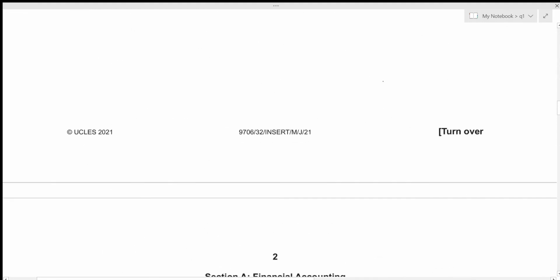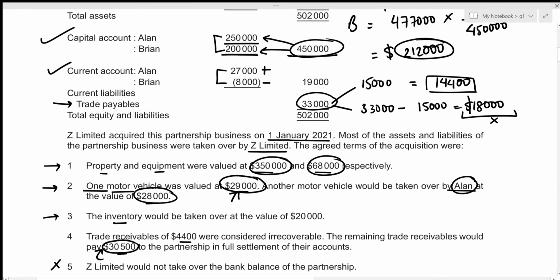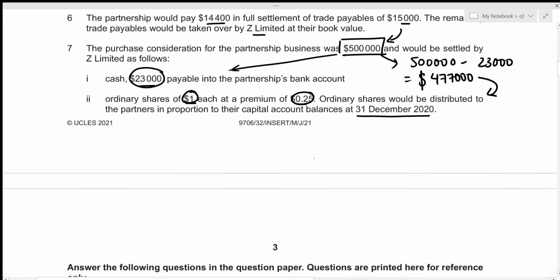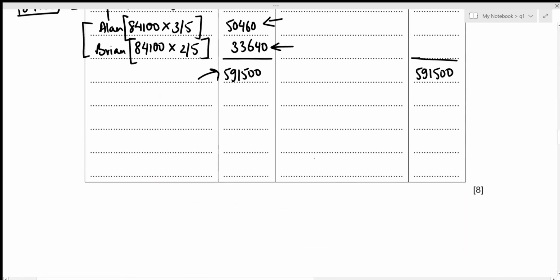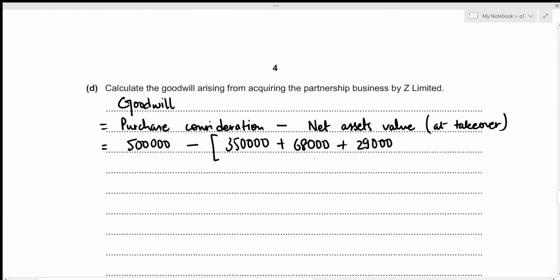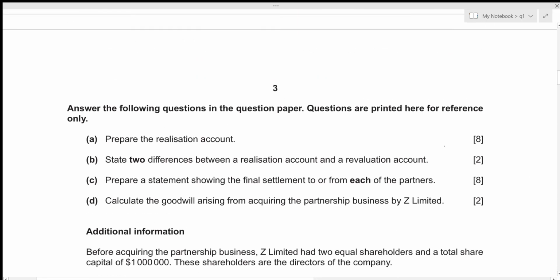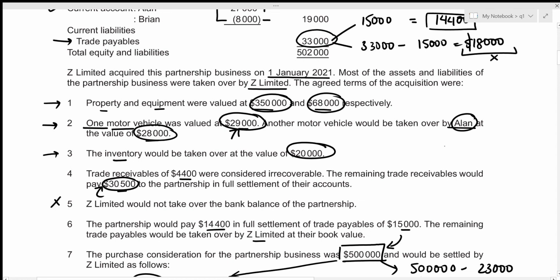Then we have the inventory taken over at the value of 20,000. So since inventory is an asset, we will be adding this amount as well. That's plus 20,000. And they took over the trade payables as well. So for trade receivables, everything was settled by the partnership.